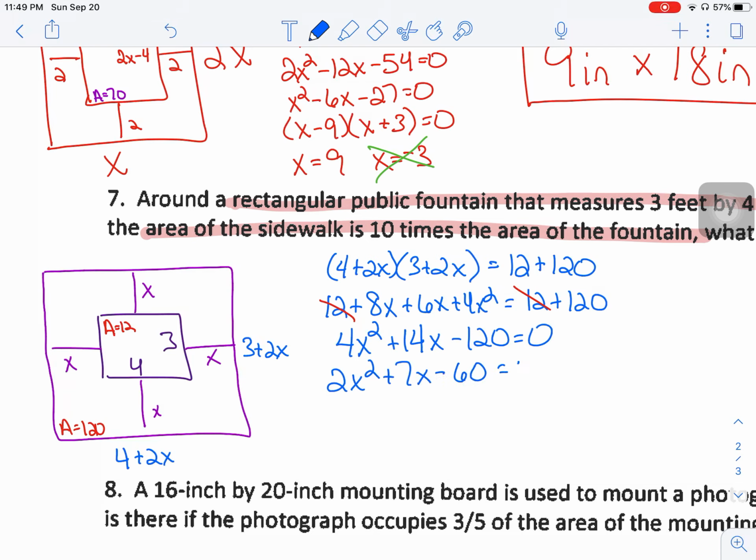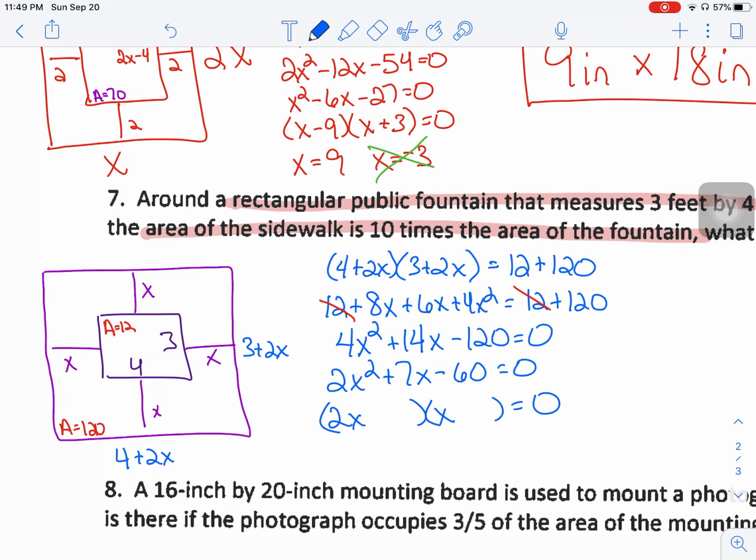So that's 60. All right, I'm going to try to factor this and not take too terribly long to do it. I was thinking 15 times 4, yeah, that's it.